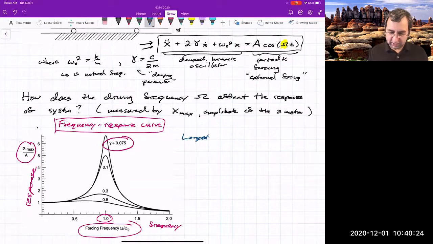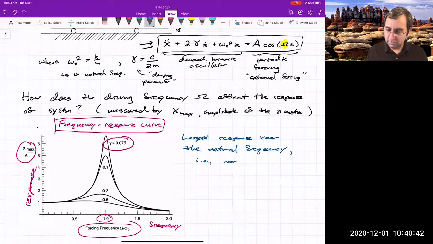You get some response near the natural frequency, that is, near the driving frequency divided by the natural frequency equal to 1.